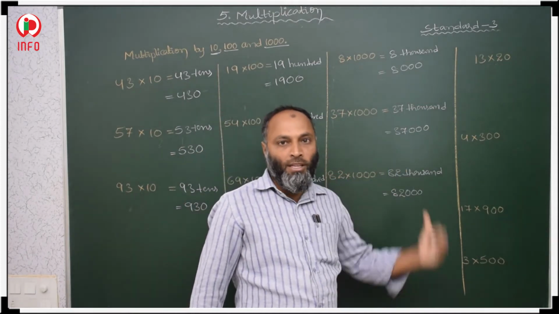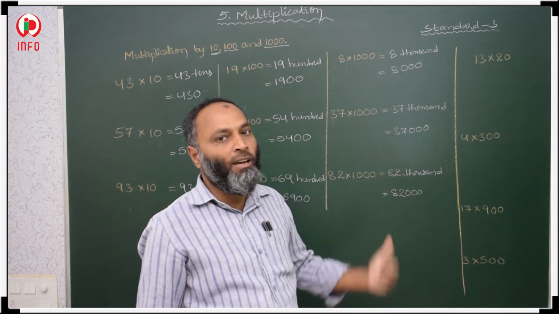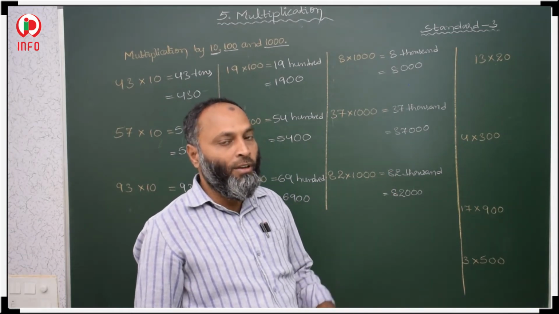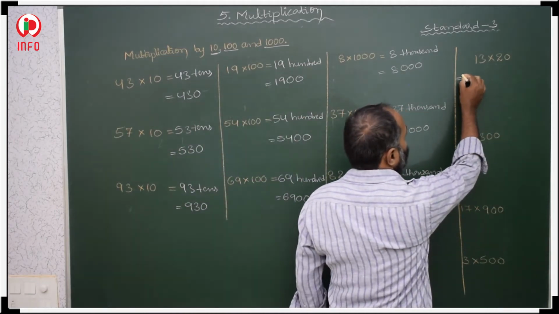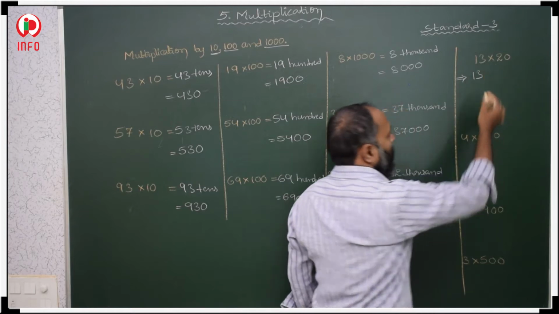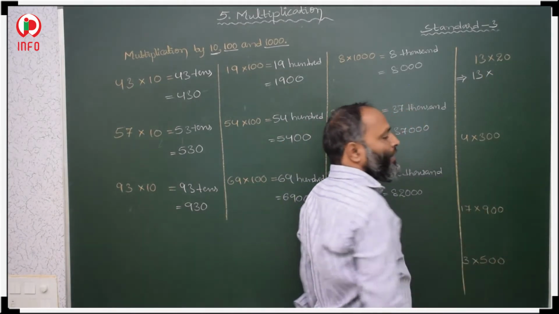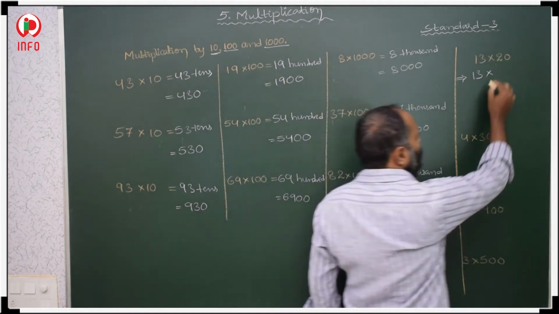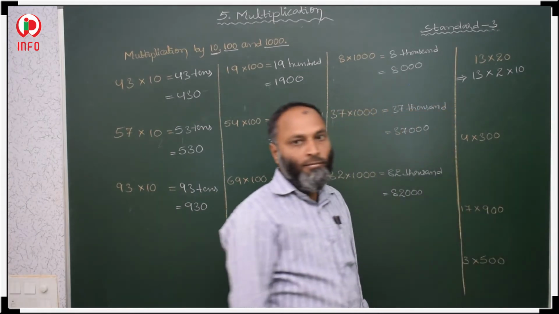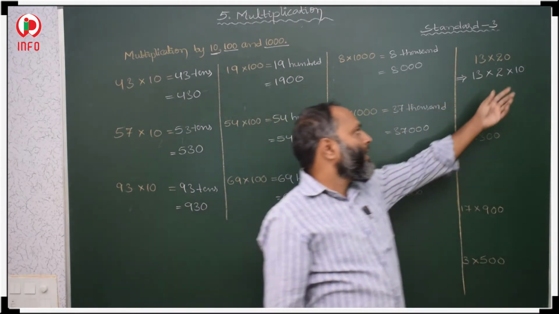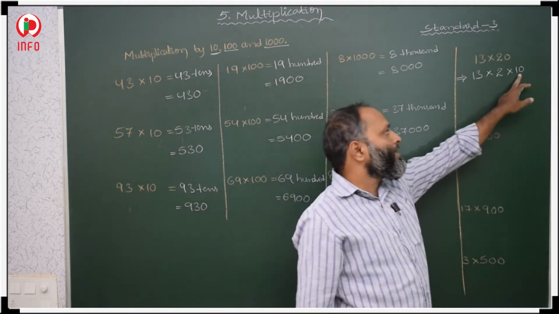Earlier we discussed 3-digit numbers into single digit and 2-digit numbers into single digit; in that way we have to multiply. If possible, try to convert into tens, hundreds and so on. Here I take 13 as it is, into 20. 20 I write as 2 tens, so I get it in tens.